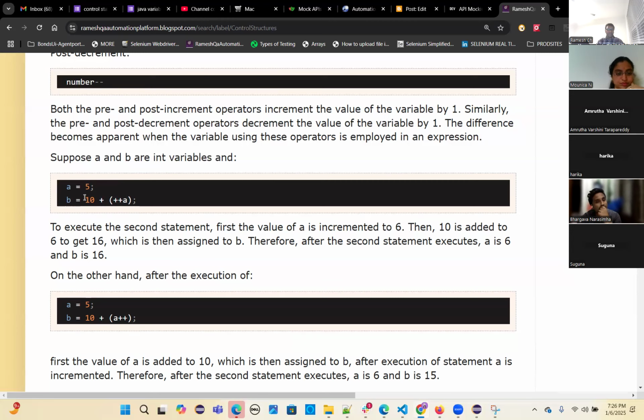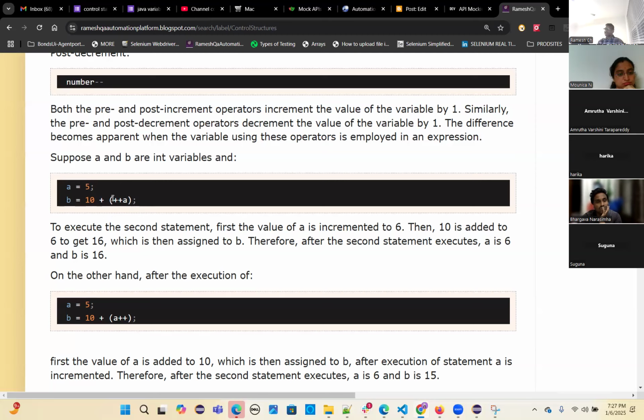Let me think: the a value is 5, so 10 plus 5 would be 15.